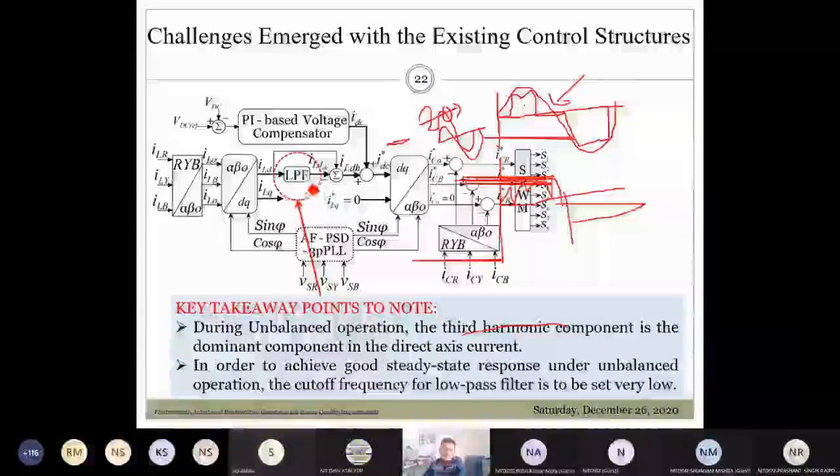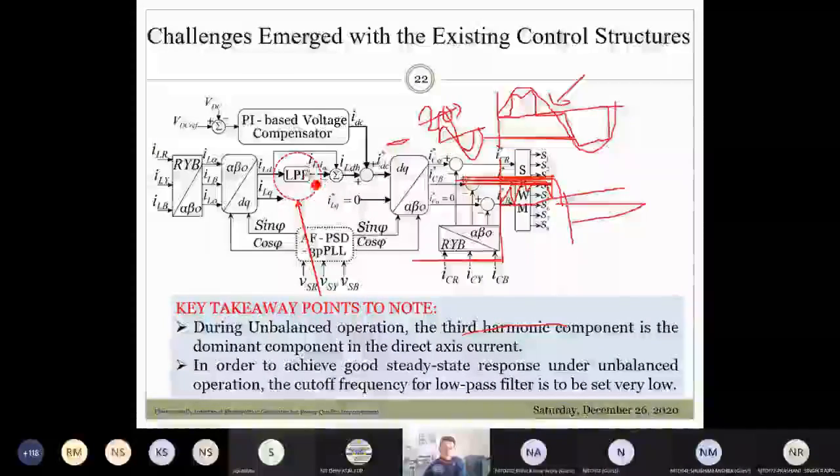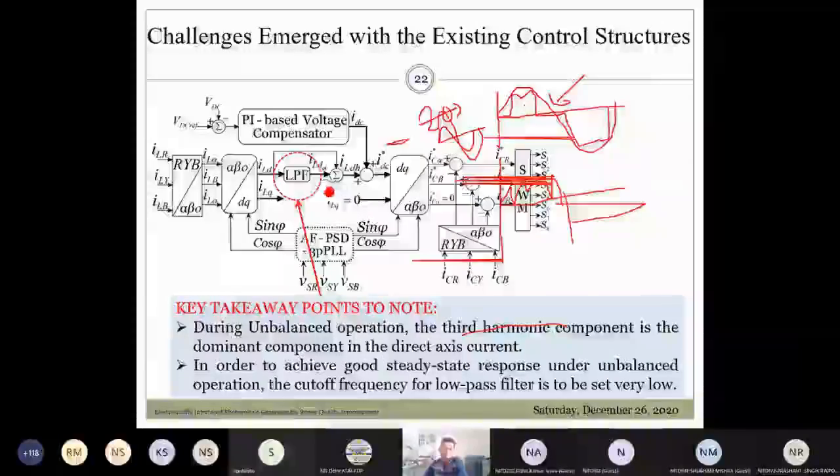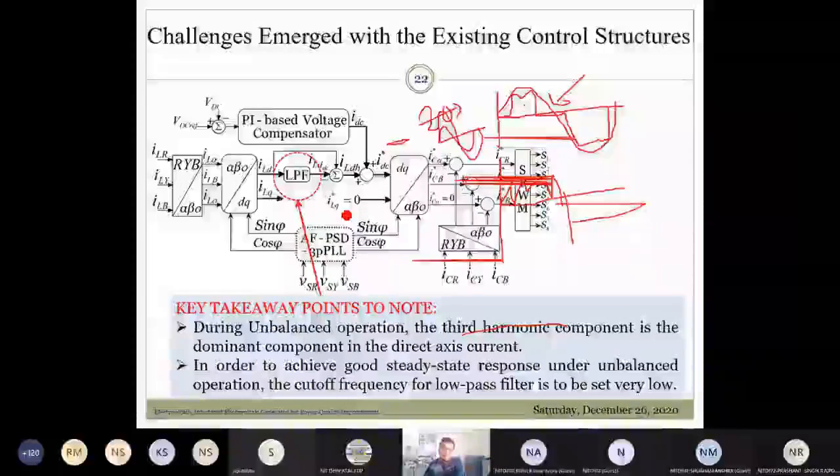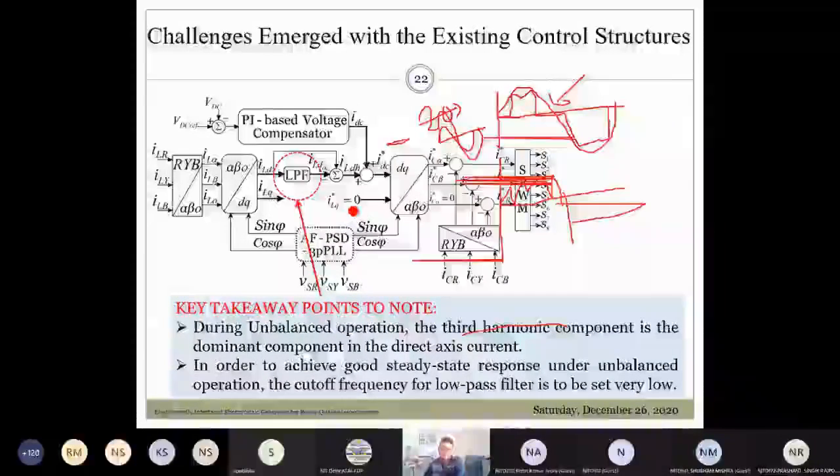But that leads to an ingrained paradox between the steady state operation and transient response, which is not desirable. During the steady state operation it works fine, but during the transient operation it introduces one AC cycle time delay, which is not desirable, as we expect the dynamic response of the system to be as fast as possible.